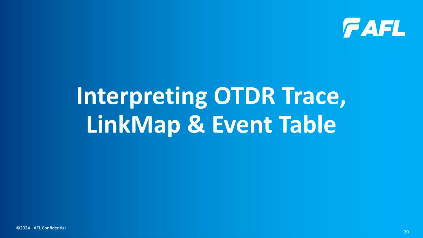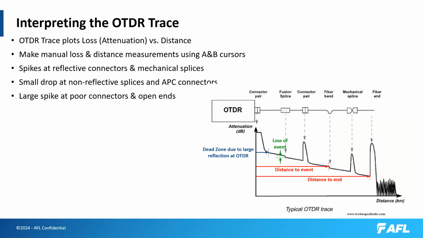So let's talk about interpreting the OTDR trace, the LinkMap, and the event table. The OTDR trace is shown here. A connector pair will have a reflective spike, and a fusion splice or a macrobend will show as a drop in the backscatter level.